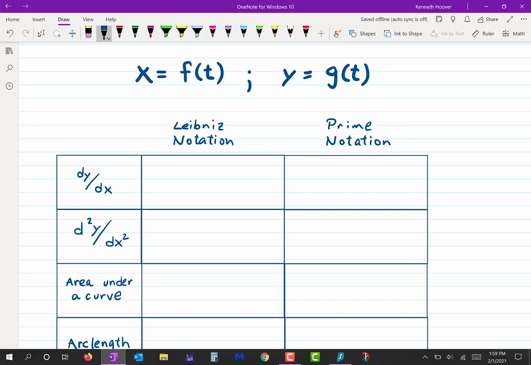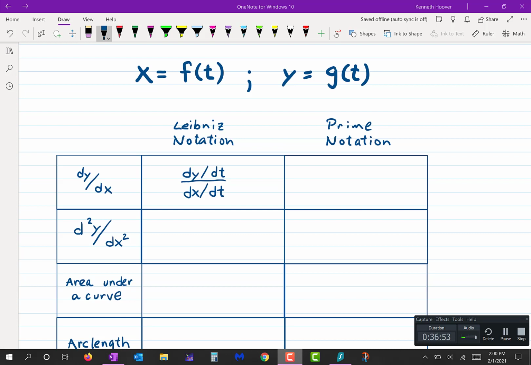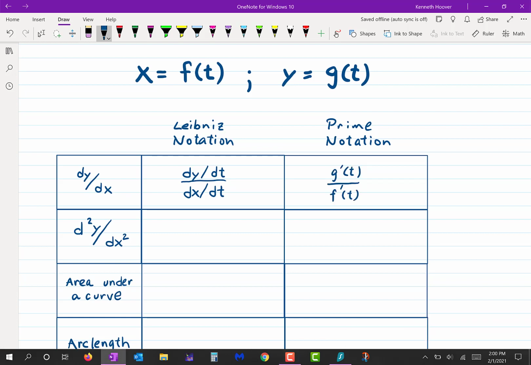Okay, so here is a summary of everything we learned in this lecture. We have parametric equations, x equals f of t, y equals g of t. If you want to find the first derivative of y with respect to x, dy/dx, then in Leibniz notation that would be dy/dt divided by dx/dt. Or in prime notation, g prime divided by f prime.